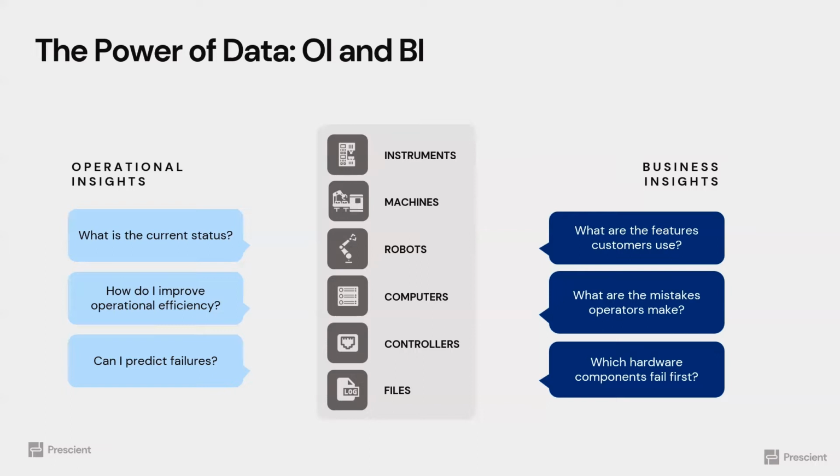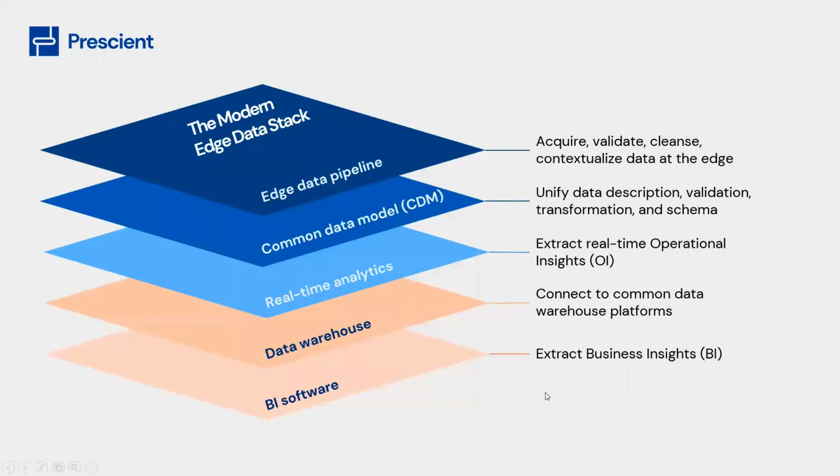So when a company is able to maximize operational insights and business insights, they are really using the data very effectively. And the modern edge data stack is designed to do this. The modern edge data stack essentially includes 5 different layers.